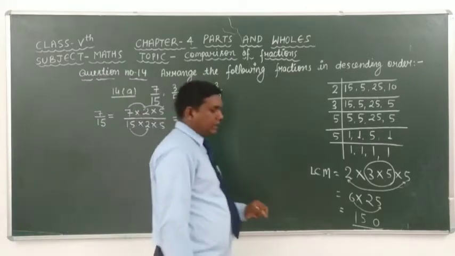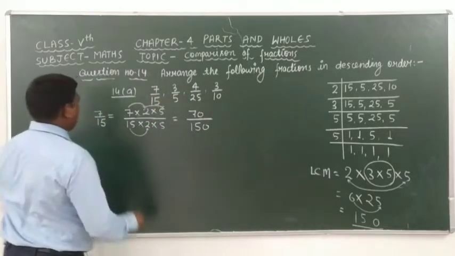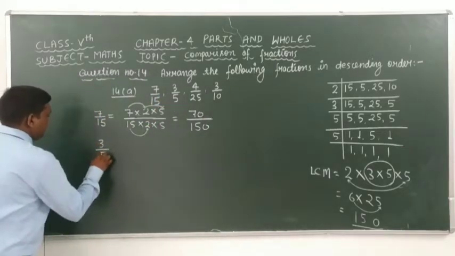Again, here we are given 3 over 5. Look, 3 over 5.